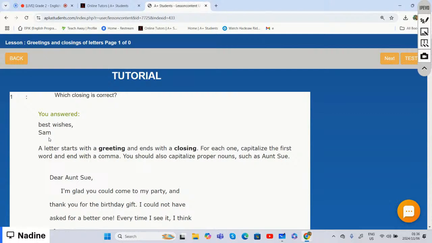Each one we capitalize the first word of the greeting.